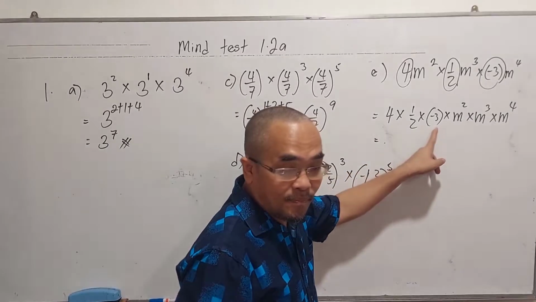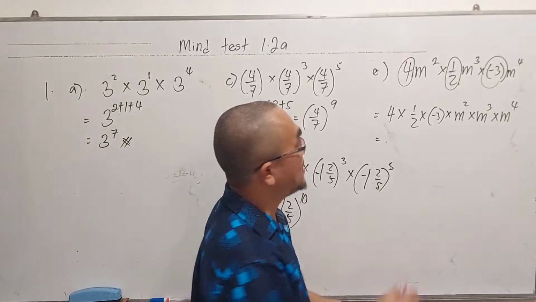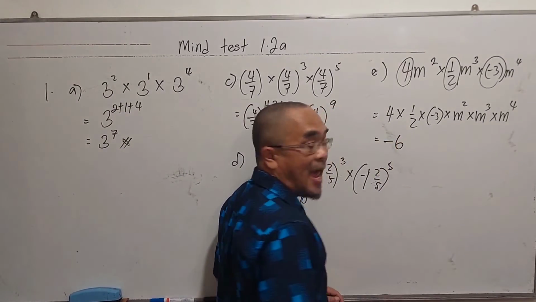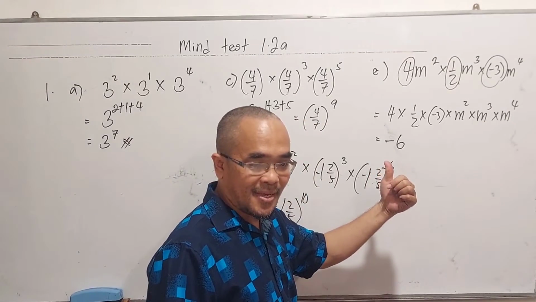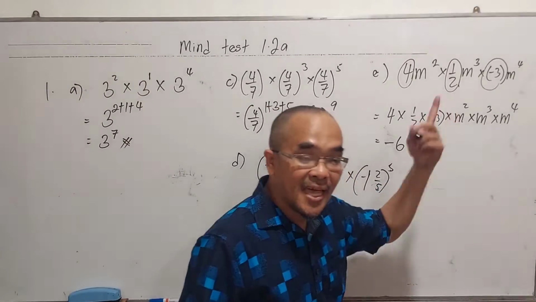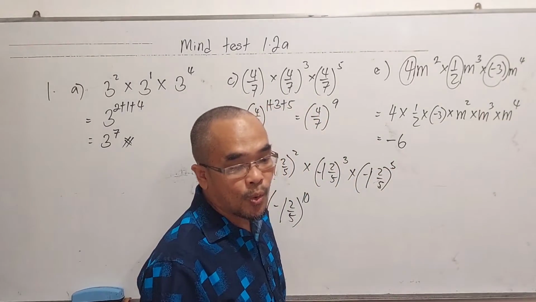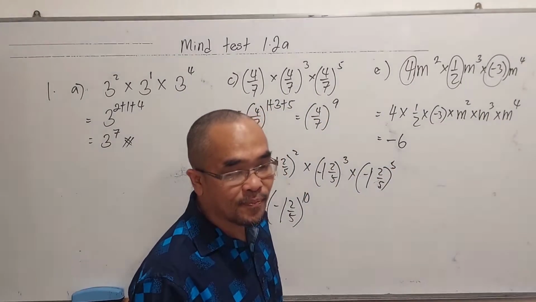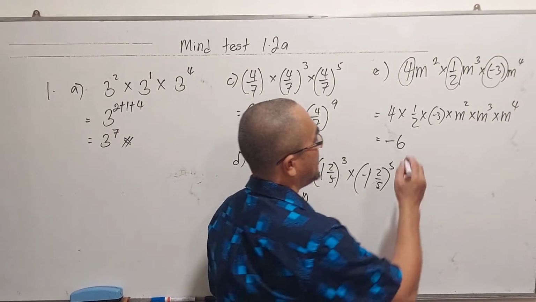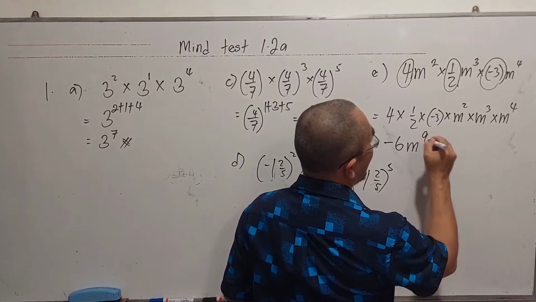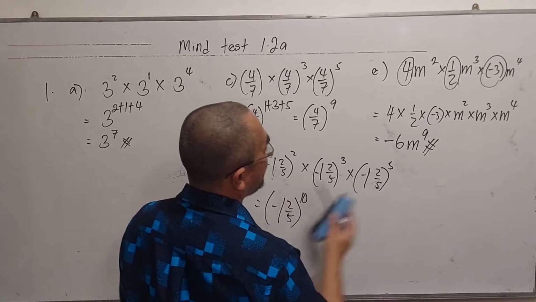Then we calculate 4 times 1 over 2 times negative 3. Negative 6. And then for the m is the concept of index, because they have similar base and multiplication. So 9. For the answer, negative 6 m to the power of 9. I would like to hear the full sentence from you, okay?